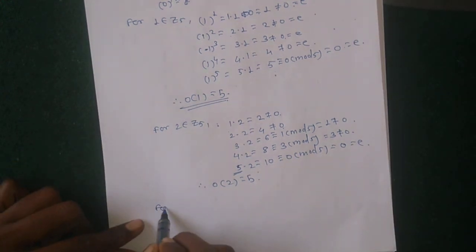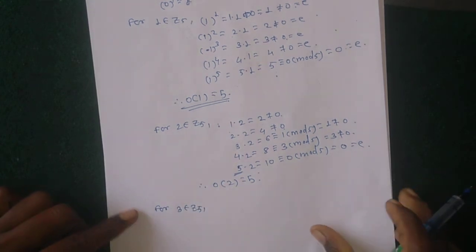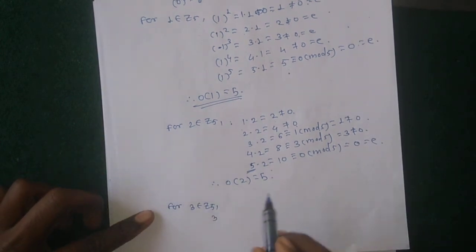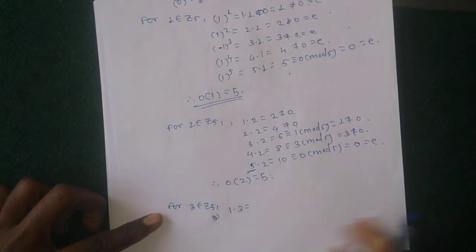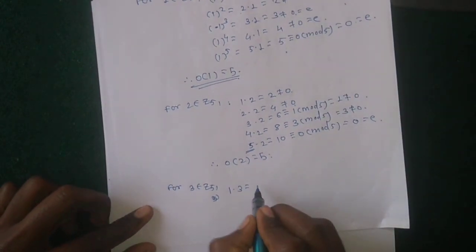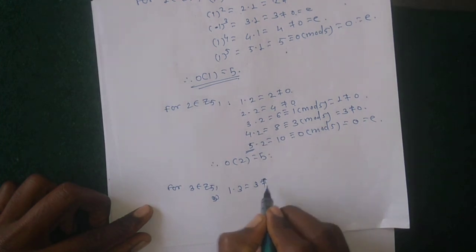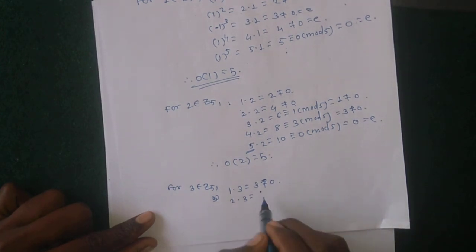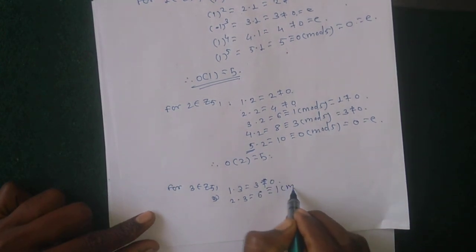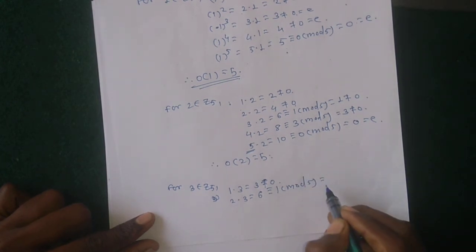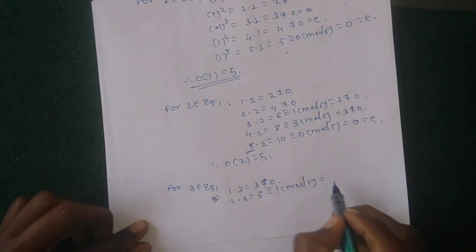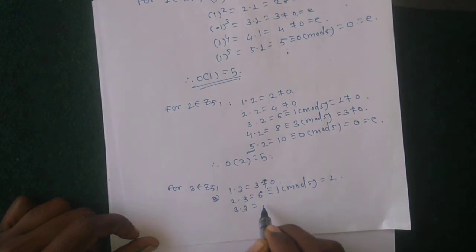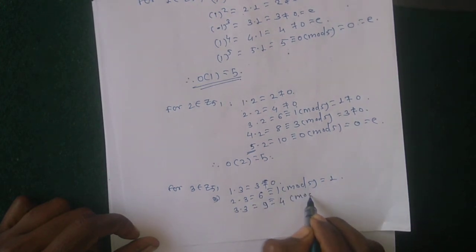Similarly, for 3 belongs to Z5, 1 into 3 equal to 3, which is not equal to 0. 2 into 3 equal to 6, and 6 is congruent to 1 modulo 5. Therefore under modulo 5 the value is 1. Then next, 3 into 3 is 9. 9 is congruent to 4 modulo 5.